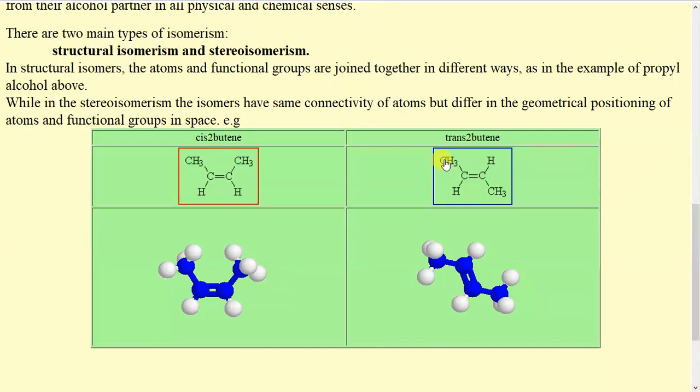That is, one of the methyl groups is above and the second one is at the downward position. Remember that here the middle carbon atoms have a double bond between them in both of the cases.